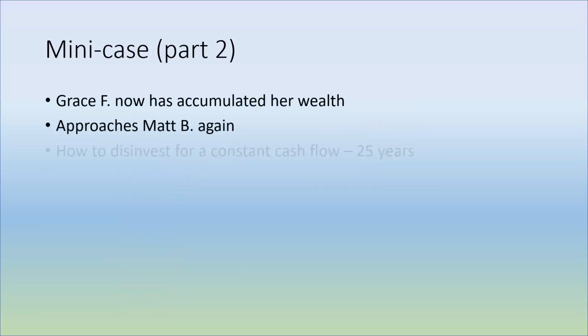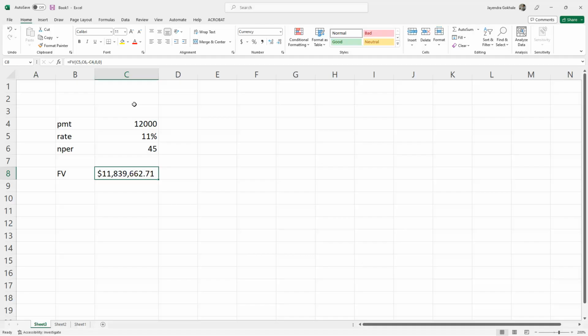Now, the case continues. Grace F has now accumulated her wealth. She wants to disinvest it and enjoy the money. So she approaches Matt B again, who tells her 11% is still the going rate. Now, how do you disinvest this through constant payments right away so that she's left with nothing in 25 years? To find that number, remember, this is an annuity due because she's going to withdraw immediately. So she wants to find that constant payment which will completely finish this money at the end of 25 years.